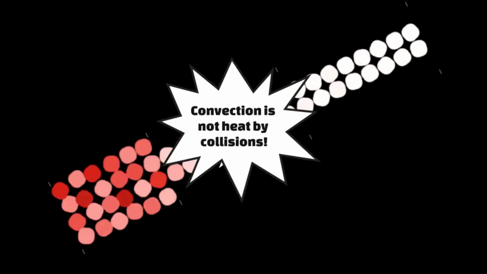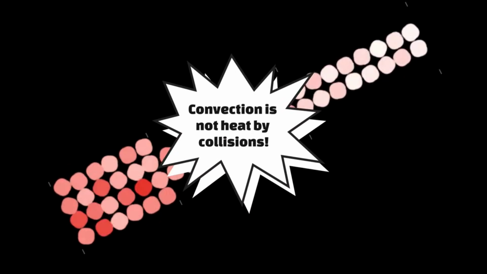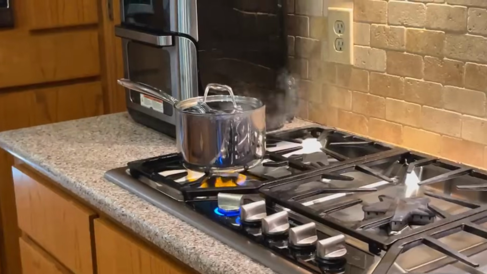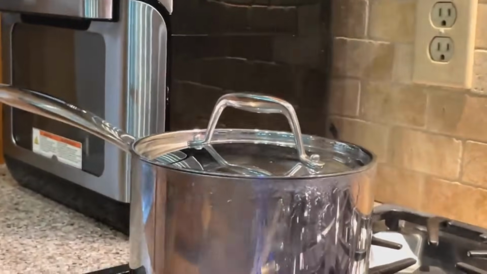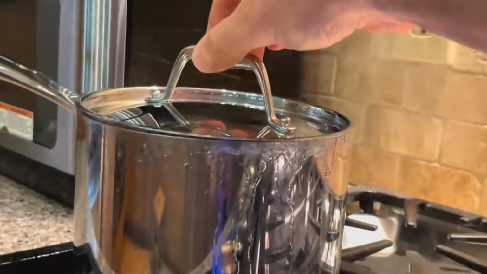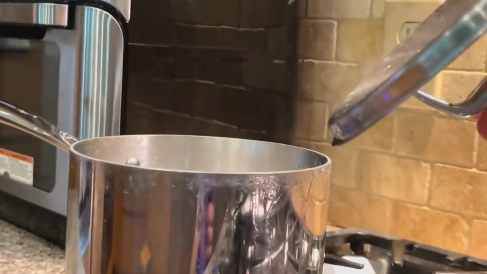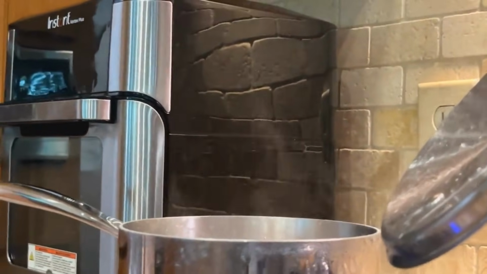You see, convection is not like conduction, where molecules mostly stay in place and spread their energy by bumping into other molecules. Rather, with convection, these molecules just up and move. They float away to a new location and bring their thermal energy with them.